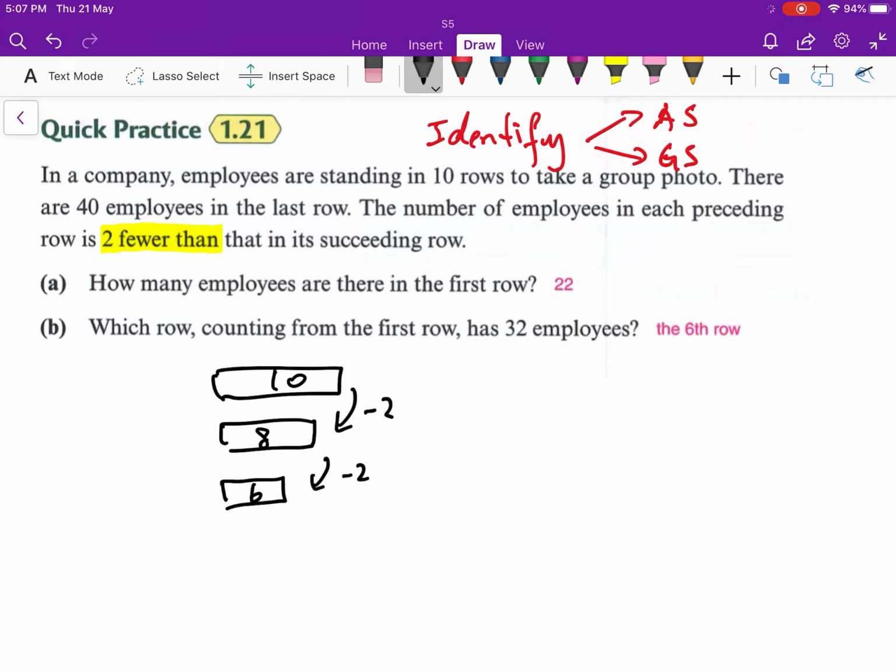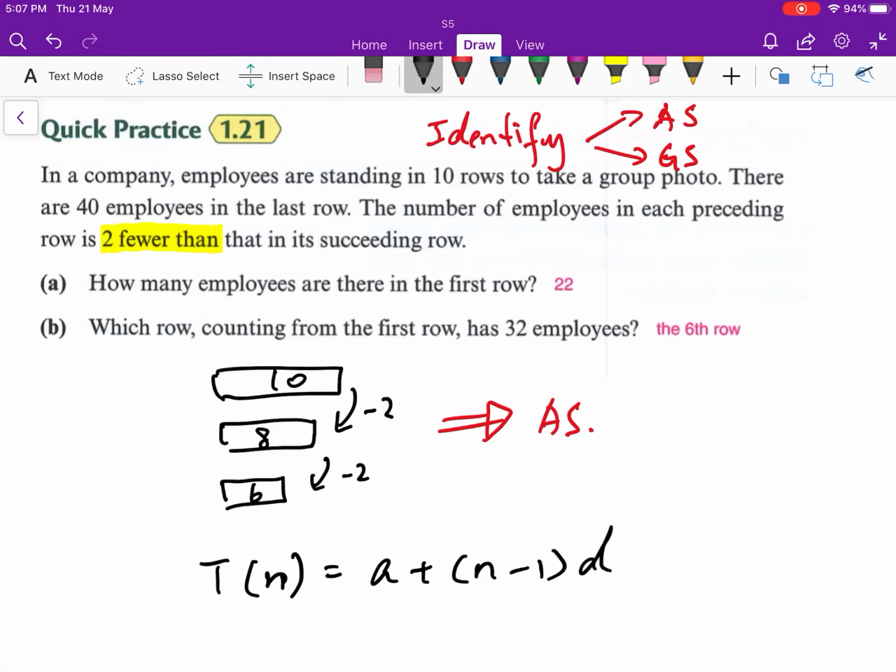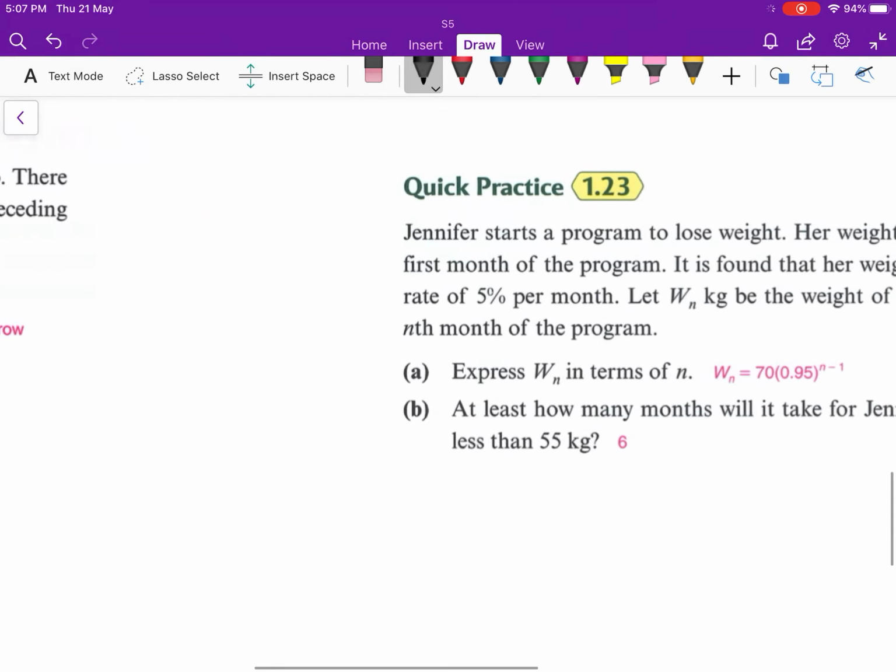So take a look at this, you will guess that yes, this is our AS. So what you need to do is use the AS formula. Do remember, we only need to use one formula: Tn equal to A plus n minus 1 times D. Make sure you remember it. So this is how we can identify whether this is AS or not.